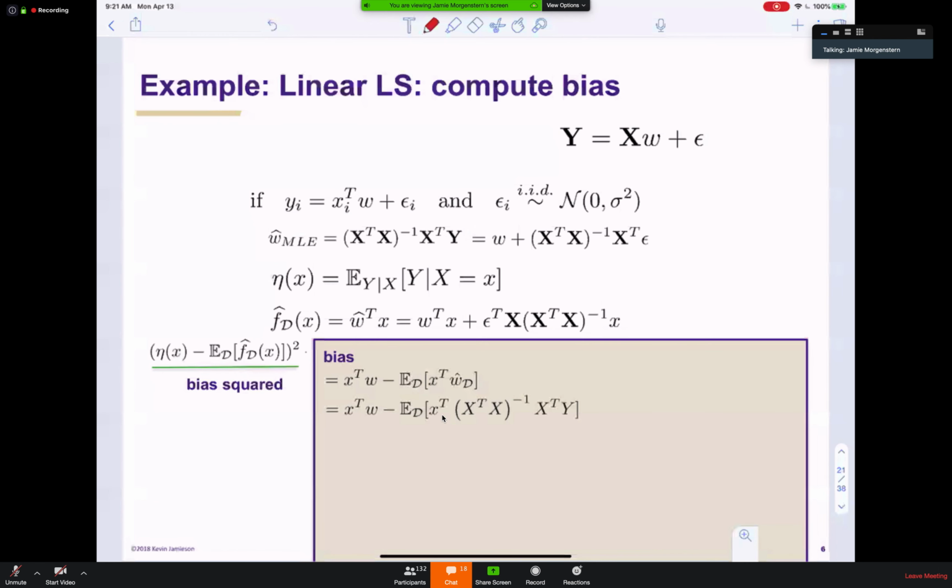Then if we expand our definition of our least squares estimator, we get this term right here. So this is just the expansion of the definition of least squares.